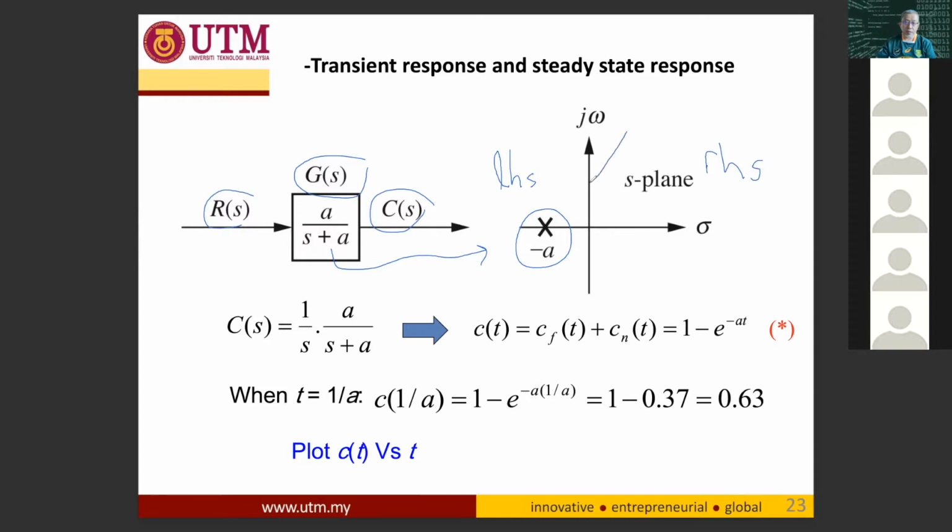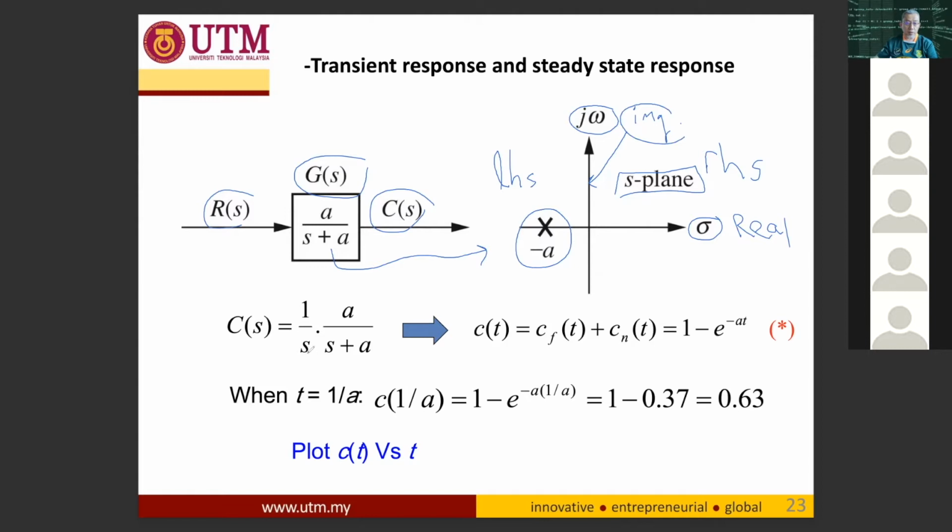In between left and right hand side is the imaginary axis. Boleh faham? This is known as the S-plane, where sigma stands for the real axis and j omega stands for the imaginary axis.